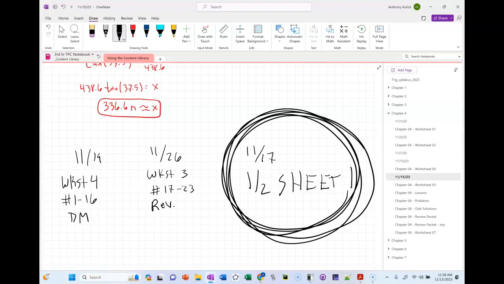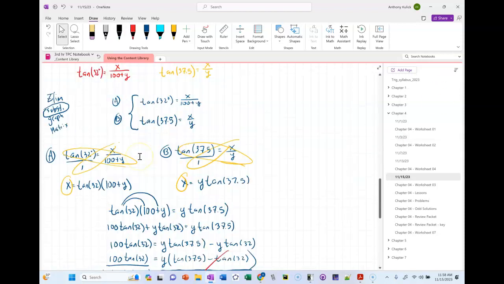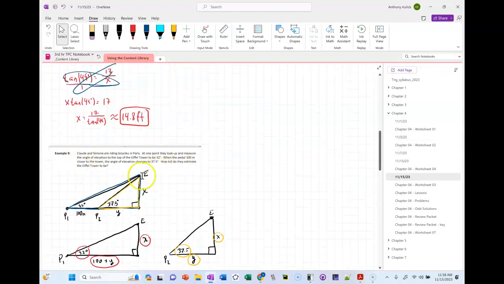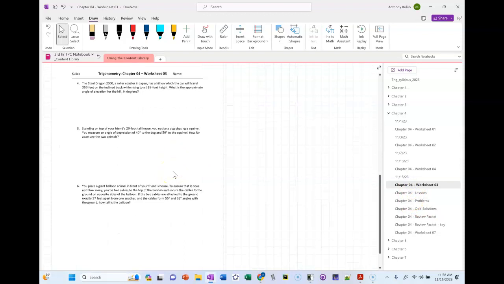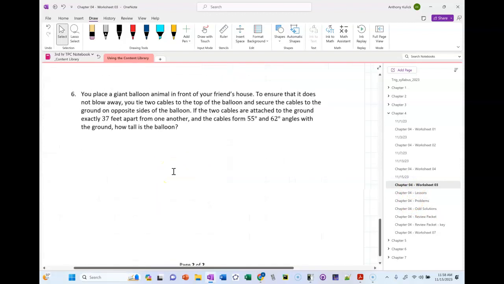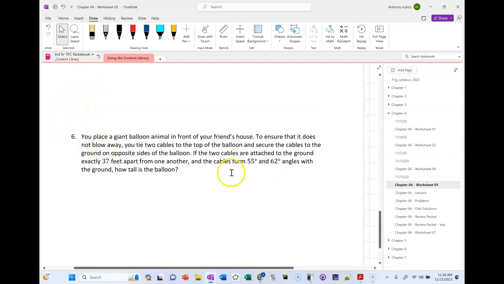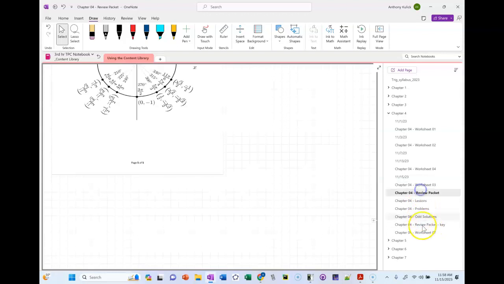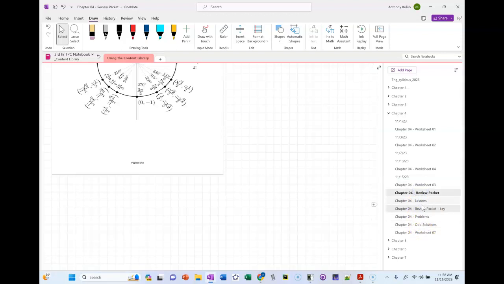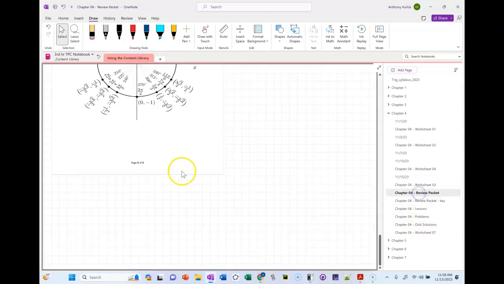Okay. As a suggestion to you, I would include a problem like this example 9, or a problem similar to problem 6 from the worksheet, or even from the review.